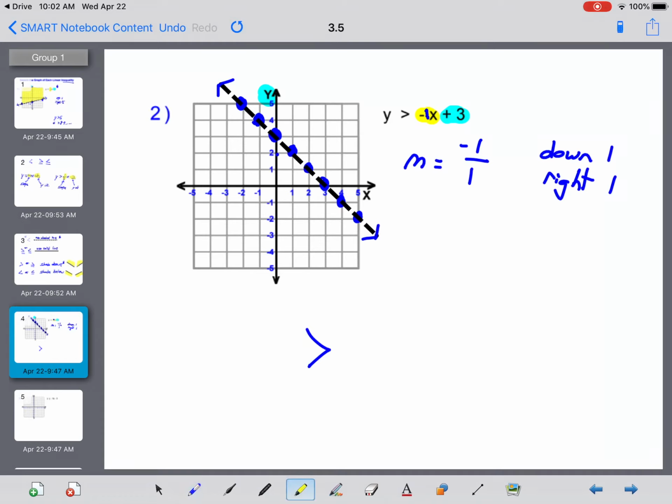And greater than, again, means to shade above. So put your pen on one of the points and go up. That's how you know what section you need to shade in. Again, remember, if you don't have a highlighter, you can just simply draw lines like this. Very neat.